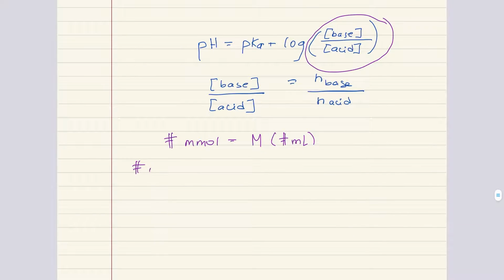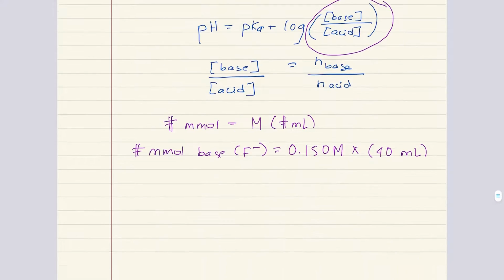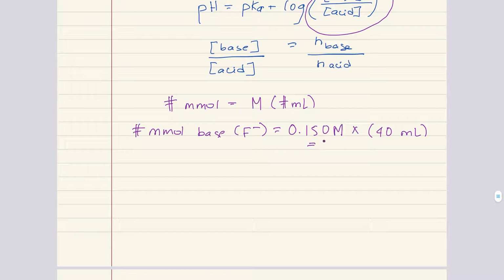So for the number of millimoles of our base, this is going to be equal to 0.150 molar multiplied by our volume, which is 40 milliliters. This is all given to us in the problem here. We're given 40 milliliters of 0.15 molar sodium fluoride. If we plug this into a calculator, we're going to get 6 millimoles for our base.